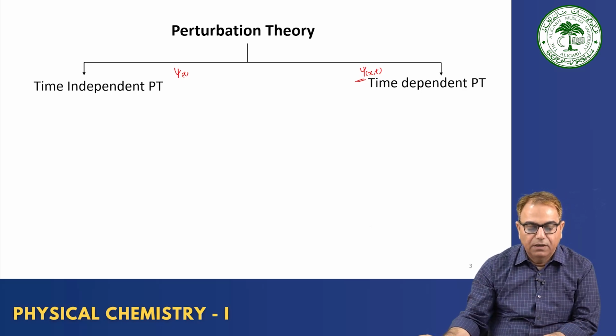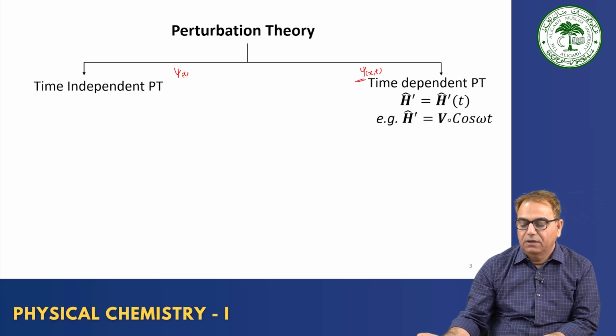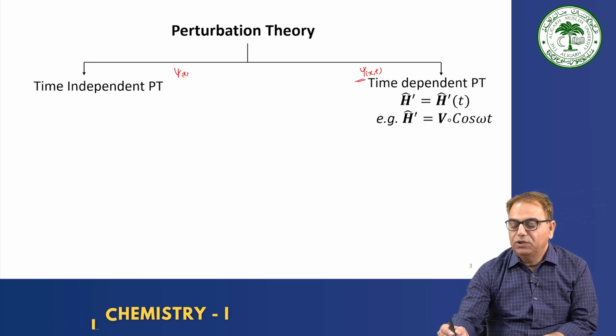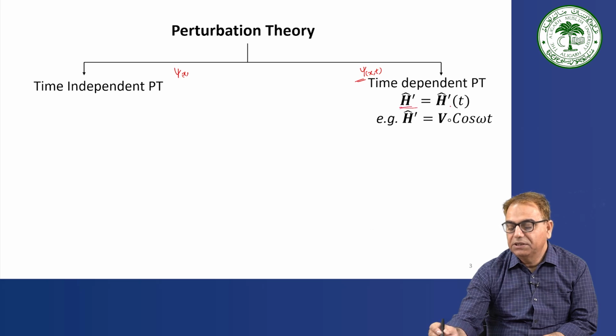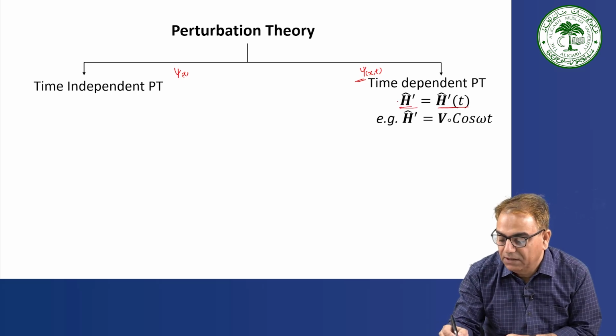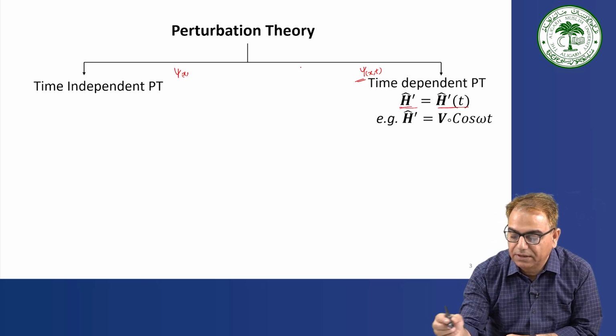Now this time independent perturbation theory also can be grouped into two categories. I have written here that the Hamiltonian of such a system is dependent on time, and this H prime is actually the perturbation.